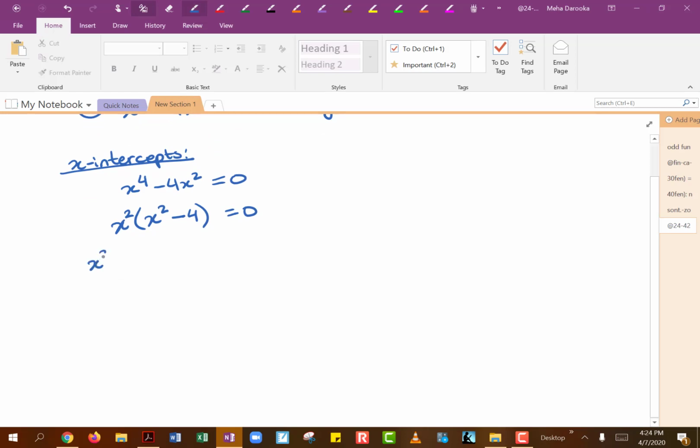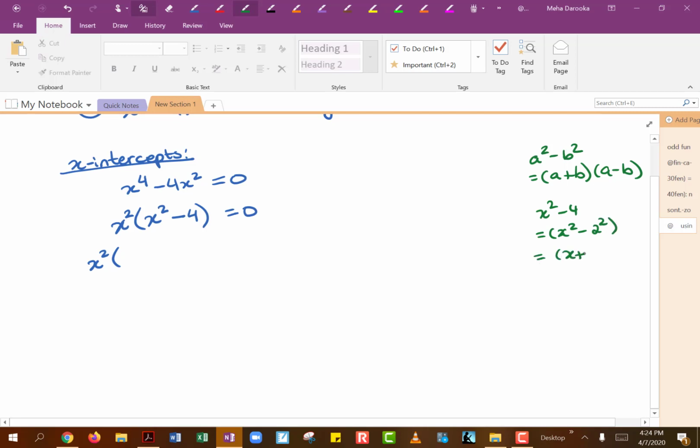So what I'm actually going to do is go ahead and factor this x squared minus 4 again, because this is, remember, in the format of a squared minus b squared, difference of squares, which factors into a minus b, a plus b. So you can, of course, think of writing x squared minus 4 as x squared minus 2 squared.